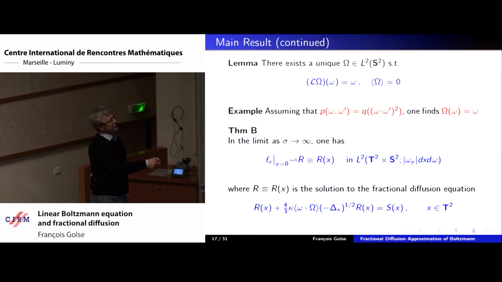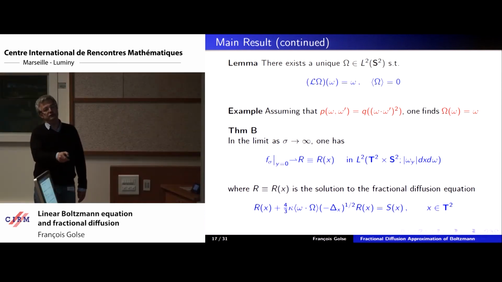And this r is going to be the solution to the fractional diffusion equation, which is written here. Right, so you have r of x plus some coefficient times minus Laplacian square root of r of x equal to s of x.